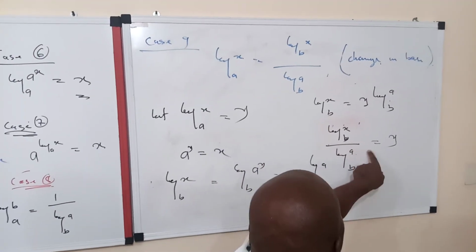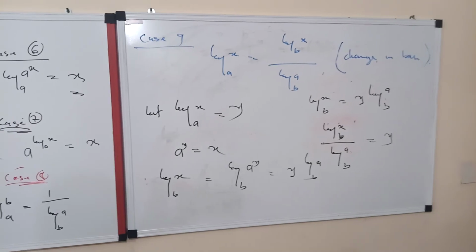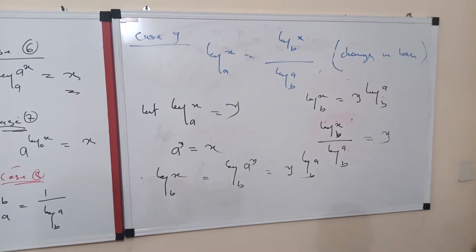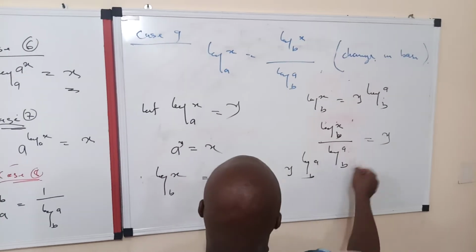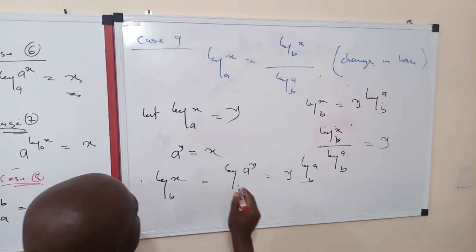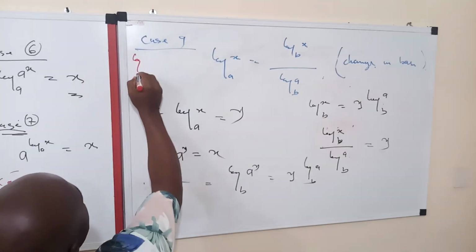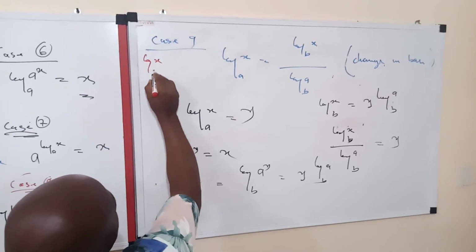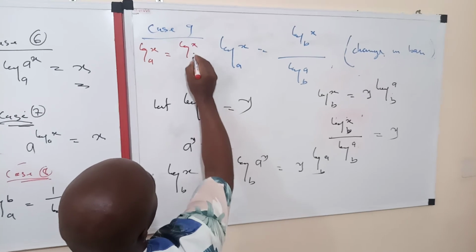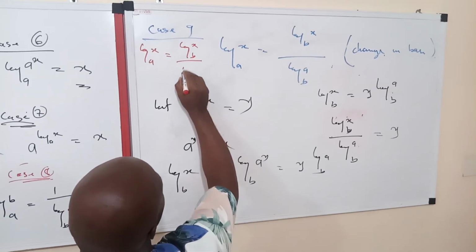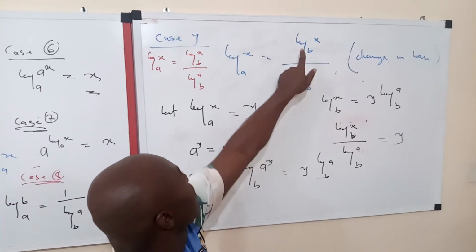So if we plug the value of y, which is this entity, into this expression, then we are going to have log of x in base a is equal to y, which is our log of x in base b all over log of a in base b, which is the same expression as we have gotten.